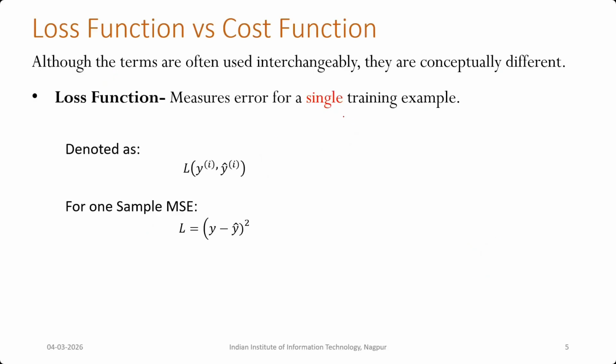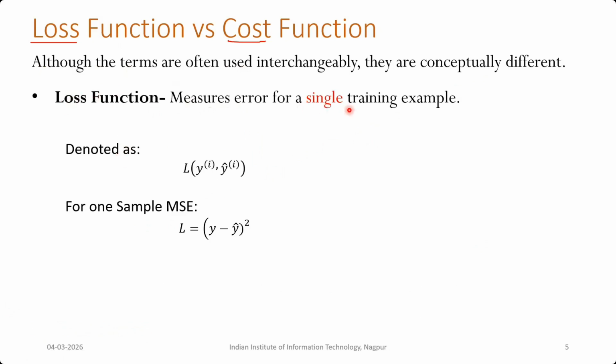There are two different terminologies: one is a loss function and another is a cost function. Many times we use them interchangeably. The loss function is used when we calculate an error for a single training example.